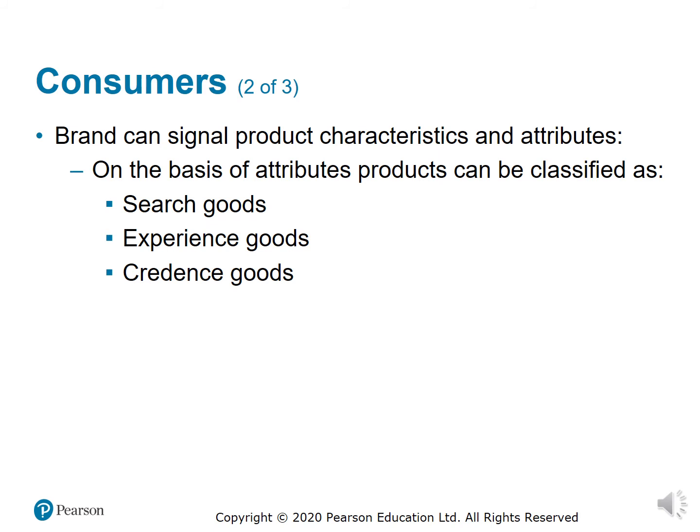For search good, like grocery produce, consumers can evaluate product attributes like sturdiness, size, color, style, design, weight, and ingredient composition by visual inspection. Search good.